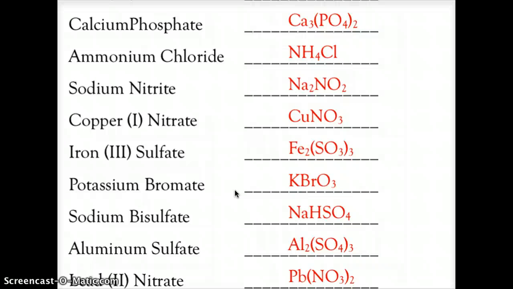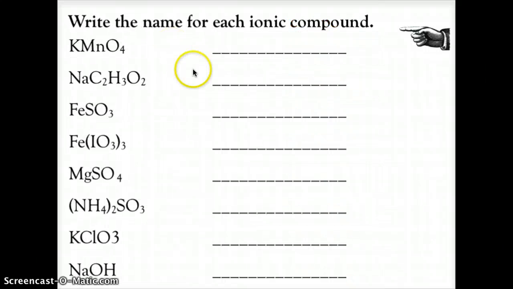Sodium bisulfate is NaHSO4. Aluminum sulfate, Al2(SO4)3, and lead(II) nitrate is Pb(NO3)2. So let's move forward and look at the other direction.